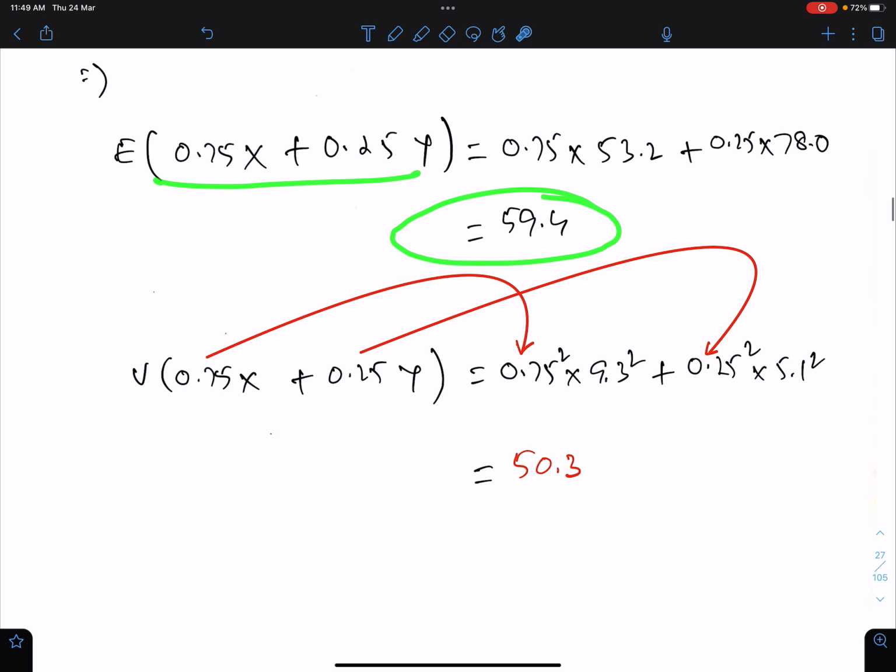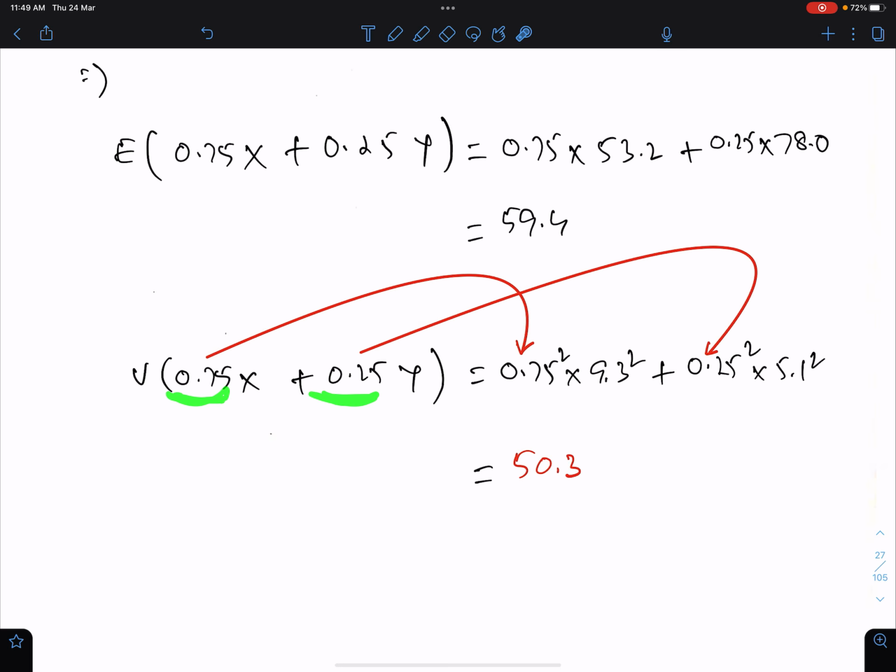But in variance, we must square these coefficients: 0.75 squared, and multiply 0.75 squared with the variance of X, which is 9.3 squared, plus 0.25 squared times 5.1 squared. This is the variance of this equation.